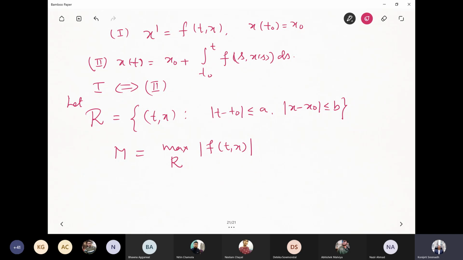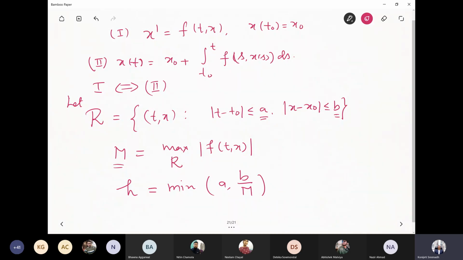So this f is going to be bounded in the bounded rectangle, and let me call that bound m. Also, let me define h as the minimum of a and b/m. Okay, a is this, b is this, and m is this. Let us take h to be the minimum of this thing.